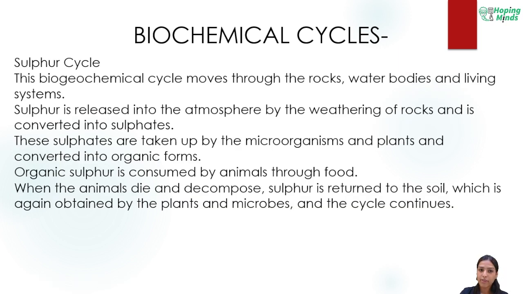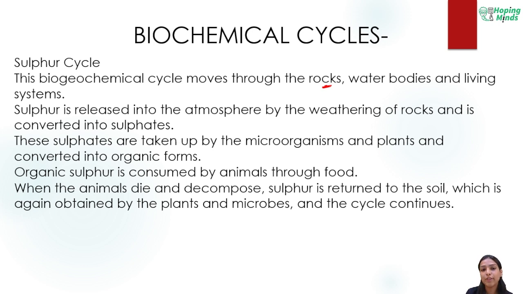Sulfur cycle. This biogeochemical cycle moves through the rocks, water bodies, living systems. Now, we have sedimentary rocks which are formed by the melting of the volcano, the igneous rocks. All of that have a content of sulfur in it, and also the water bodies have a lot of sulfur content in it.